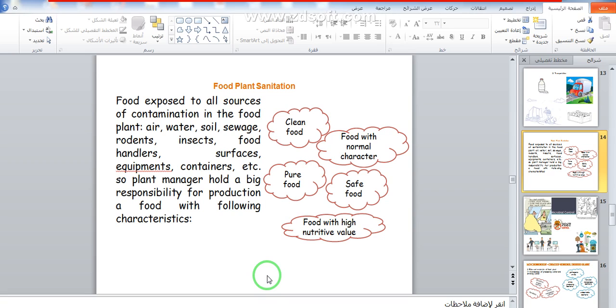In the food plant, food is exposed to all sources of contamination: air, water, soil, sewage, rodents, insects, food handlers, surfaces, equipments, containers. So the manager holds a big responsibility for production of food with the following characteristics: clean food, pure food, safe food, food with normal character, food with high nutritive value.